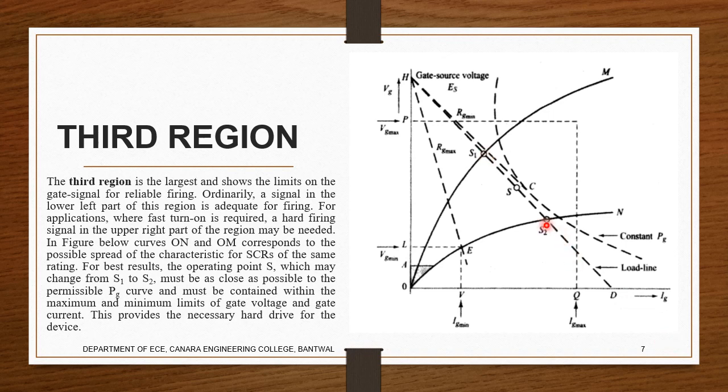S1 and S2 are the maximum efficient points on the ON line, and on the OM line S1 is the maximum efficient. S is the common point. When you take an average of S1 and S2, this is the maximum efficient point, the Q point, where we can make an SCR work very fine without affecting it, and get an efficient output.